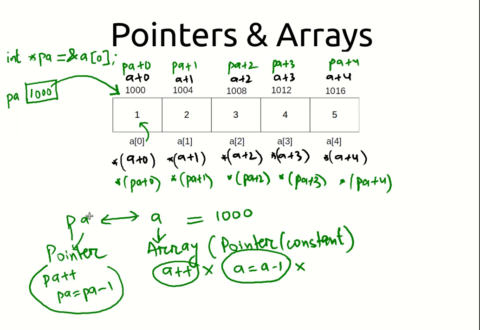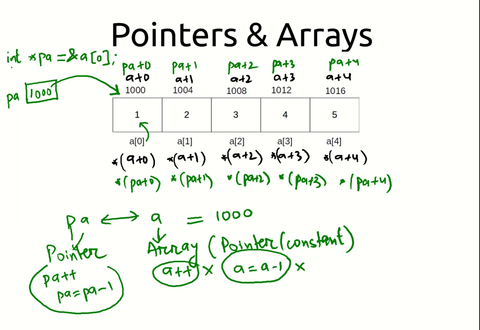But PA is just a pointer. It is having the address of an integer variable in this case, or in this case it is having the base address of this array, which is nothing but the address of the first integer value. There's one more difference. Whenever I declare A, it actually reserves, in this example, space for 5 integer locations for me.